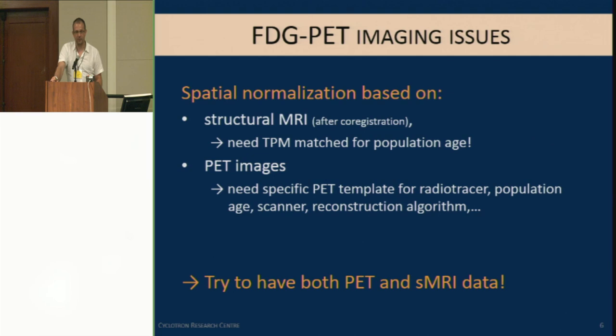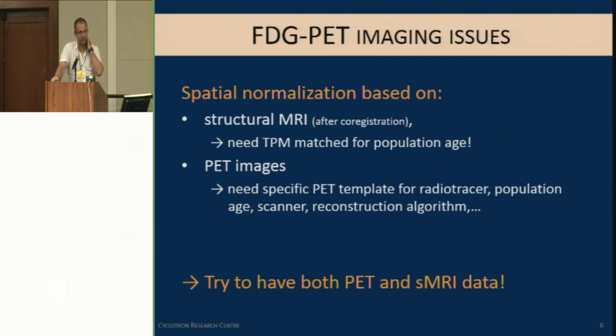Nowadays, you can find some tissue probability maps for elderly subjects, but you need to be a bit more careful with that. And in our case, we didn't have the structural MRI, so we had to rely on PET normalization on its own. And there it's complicated because you need to create a template, and that PET template will depend, obviously, on the radio tracer you're using.